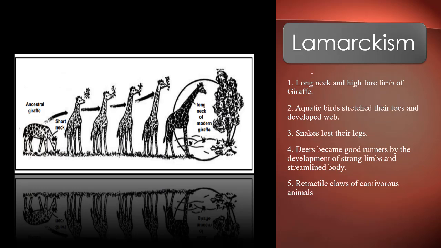According to Lamarck, the long neck and high forelimbs of the giraffe: the ancestral giraffe resembles Eohippus, according to this picture. It is not Eohippus. Aquatic birds stretch their toes and develop webs.